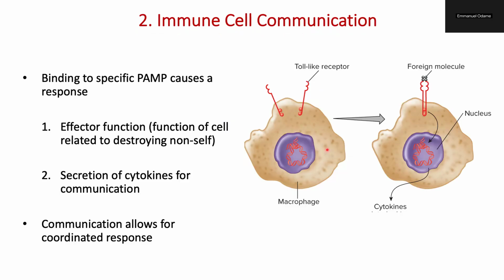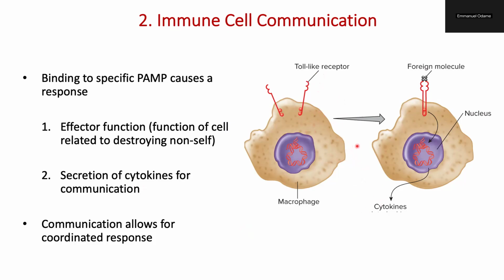And then basically they do the communication through two mechanisms. The first one is through the effector function, or basically the function of cells relating to destroying non-self. And the second one is the secretion of cytokines for communication. So let's say this macrophage already has the toll-like receptor to recognize something, and then it secretes cytokines.